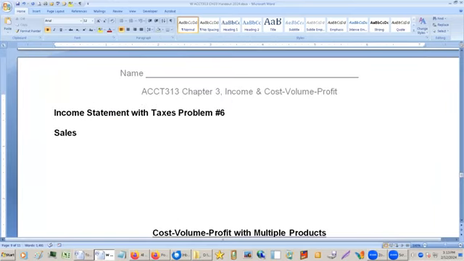So here's what it would look like. We'd have our income, we'd have our sales: 260,000 units times $15 each. And so this would be our money coming in, the 1 million, no, 3 million.